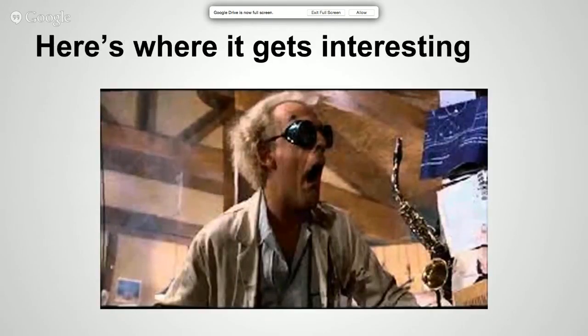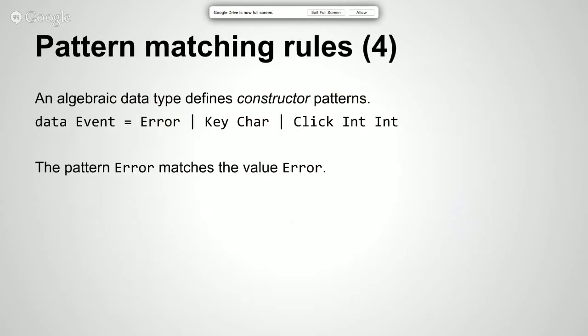So here's where it gets really interesting, because those 3 cases are pretty simple. But this is how we unpack constructors. When you define an algebraic data type and you define all the constructors, you also get constructor patterns for free. So in this event case, the pattern error just matches the value error. It's just a constant pattern.